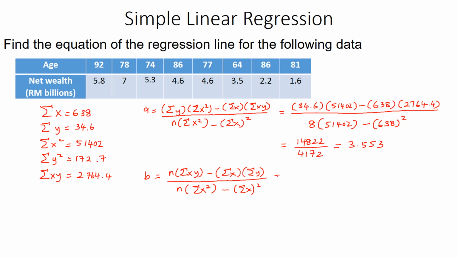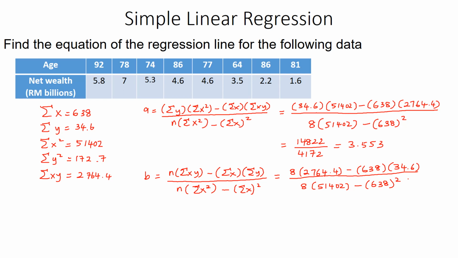Okay, substitute the values. n is 8. The sum of xy is 2764.4 minus the sum of x, which is 638, times the sum of y, which is 34.6, divided by n, which is 8, times the sum of x square, which is 51402, minus the sum of x, which is 638, squared.